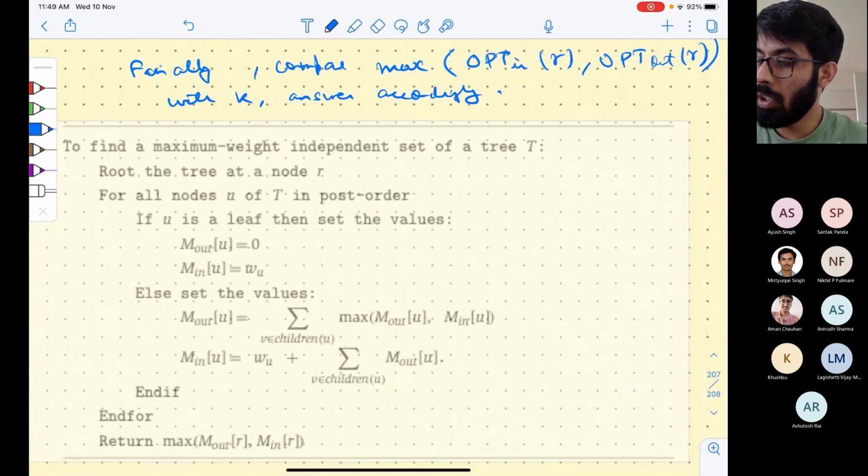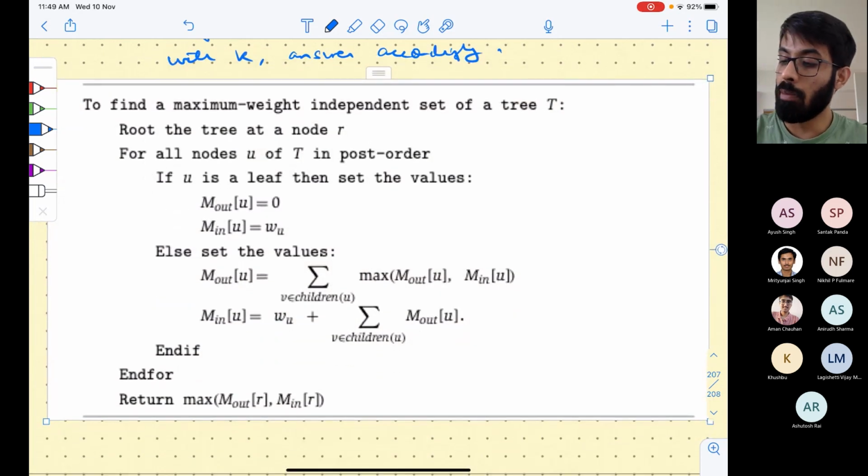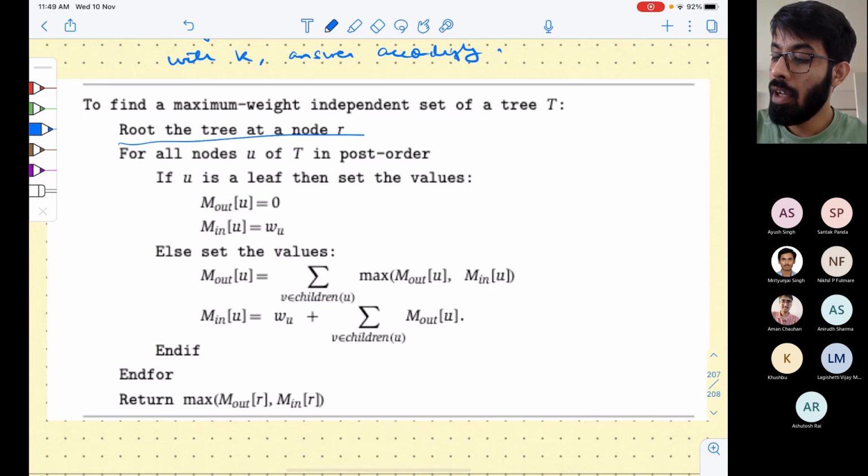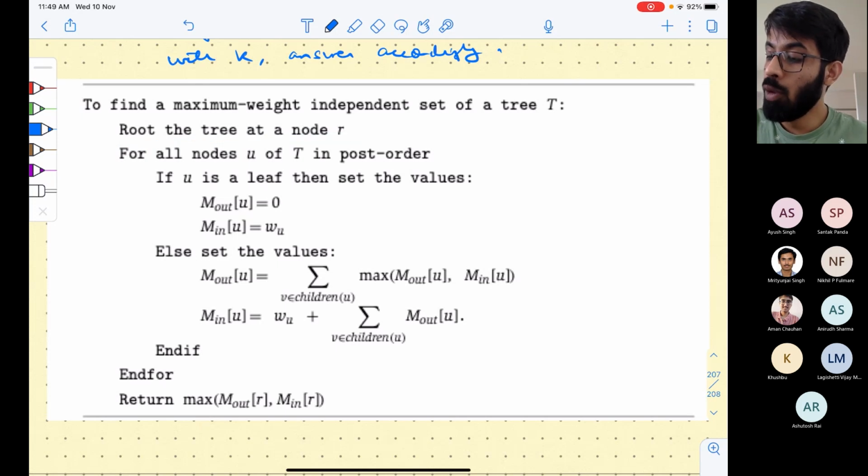And so this is the obvious algorithm which comes, right? Root the tree at node R. This is what we said. For all the nodes U of T in post order, if U is a leaf, then set the values. So for the leaf, what is the maximum independent set that contains it?